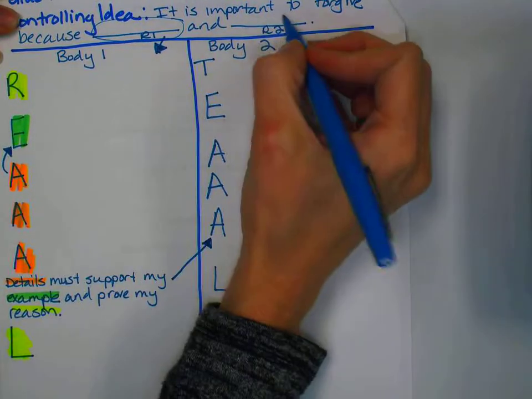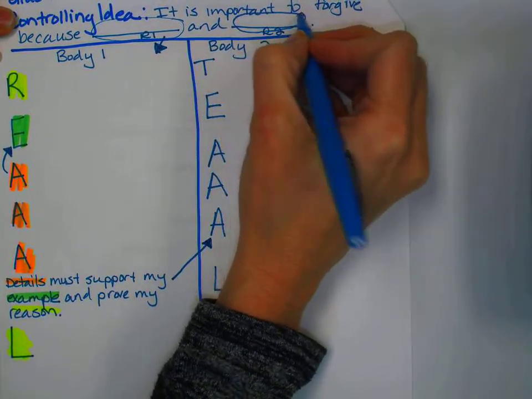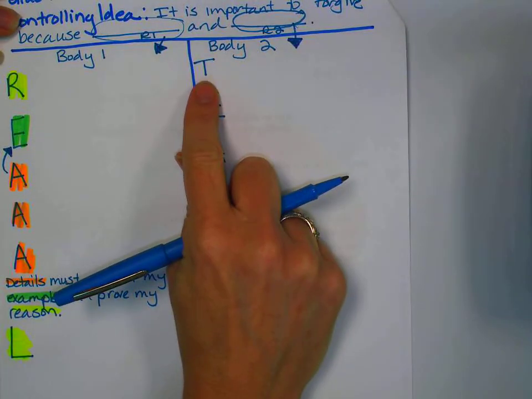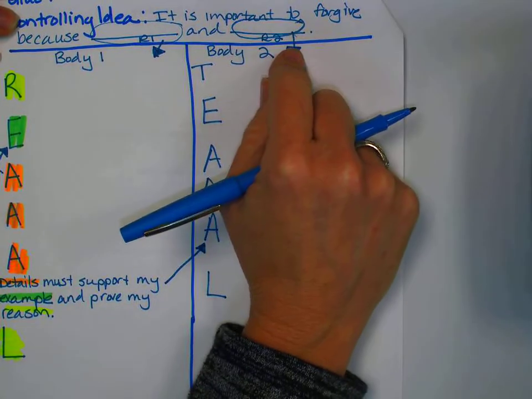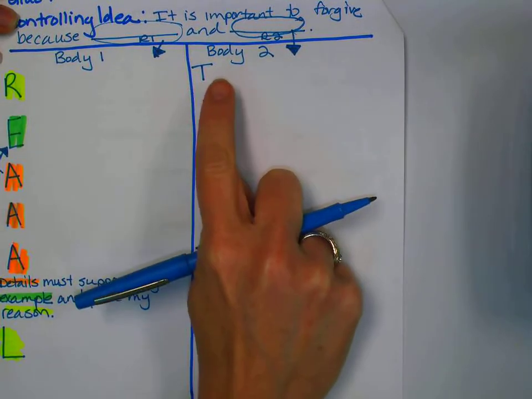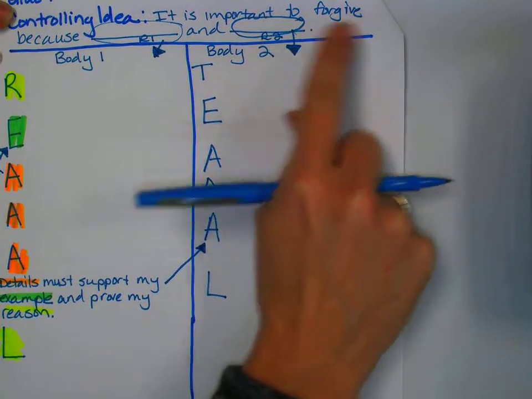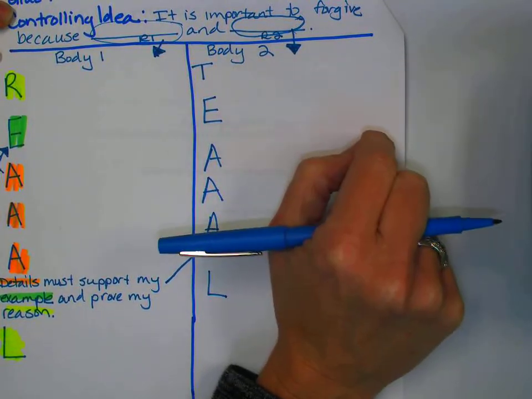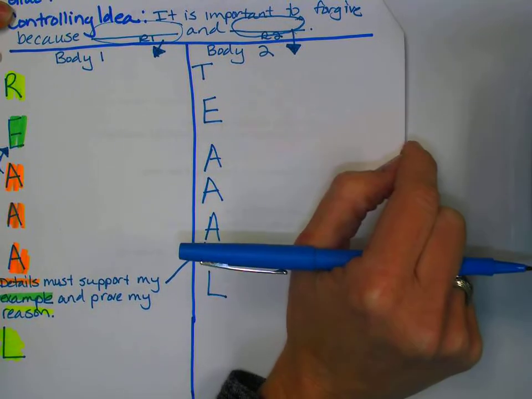So body 2 is all about reason 2. So my transition is going to be transitioning to reason 2. So I could use not only is it important to forgive because blank, but it's also important to forgive because, and go to my next reason.